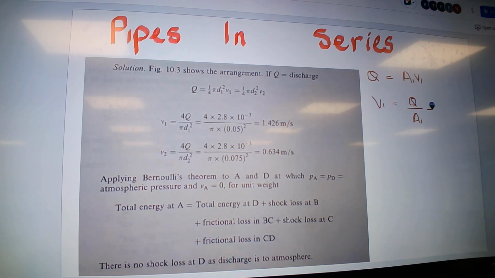Now Q is given, which is 2.8 decimeter cube. We need to convert that into meters, so decimeter cube into meter cube is times 10 to the minus 3. And the area is going to be pi r square.